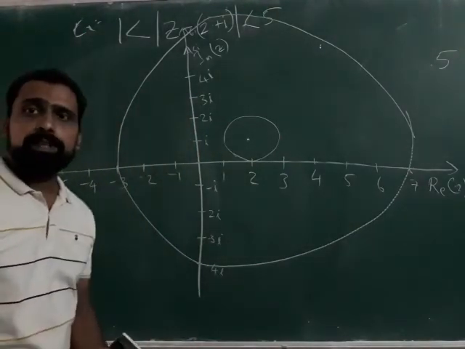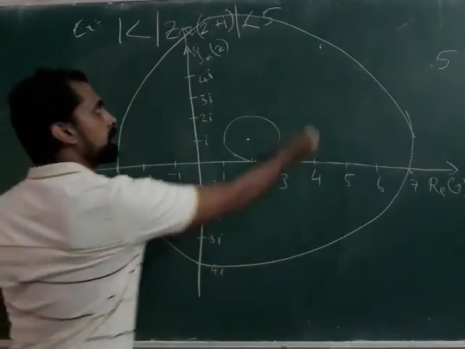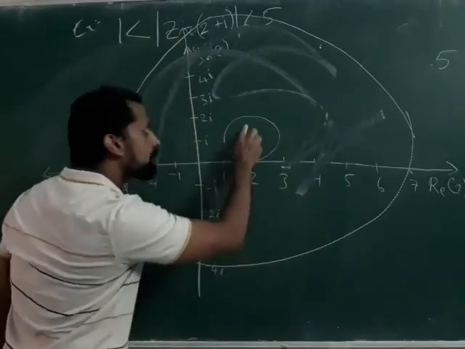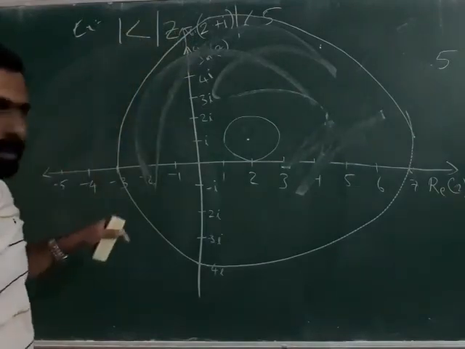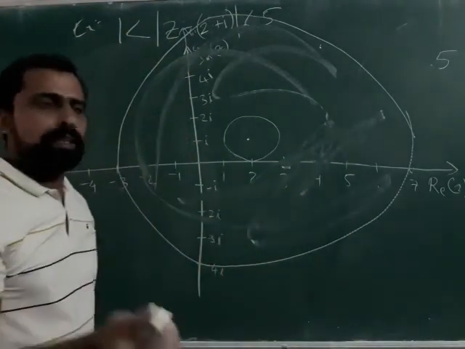And now, what is your complex region in this problem? The region is this one, all this region, except this and except outside this circle. So your z may be anywhere.